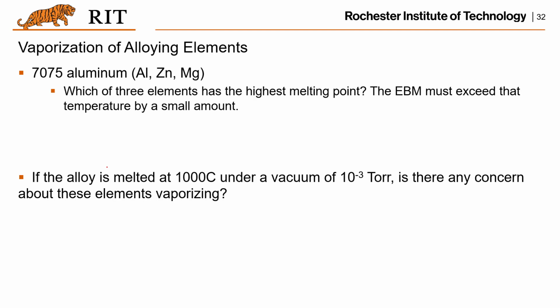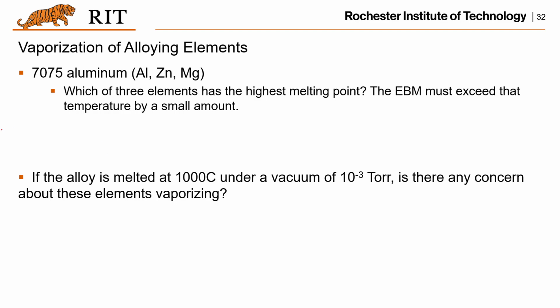So we have the 7075 aluminum, which is an alloy with aluminum, zinc, and magnesium. Basically, there are three elements in this alloy.